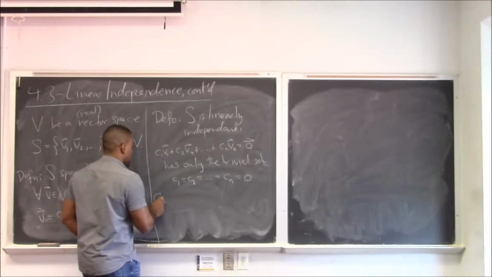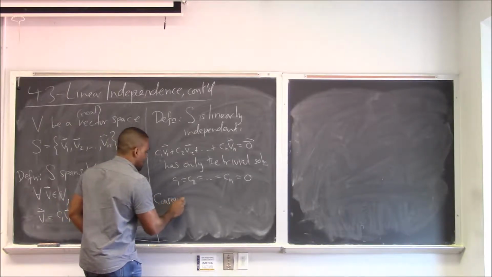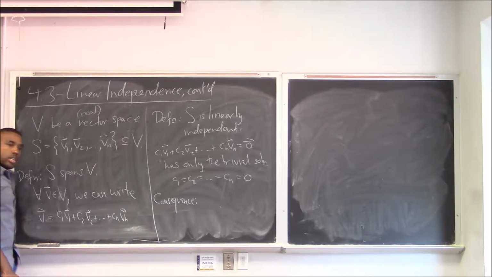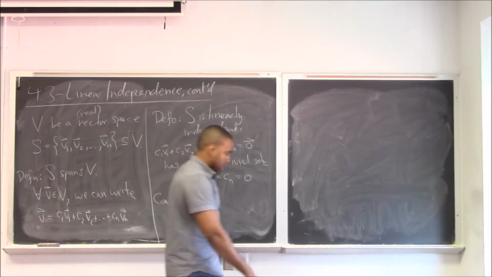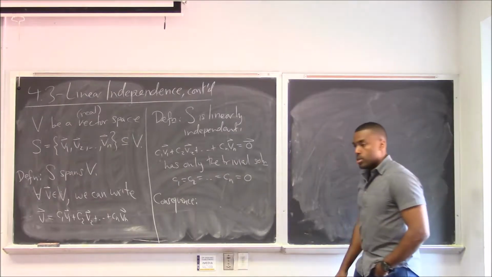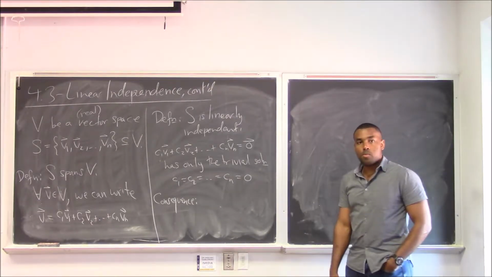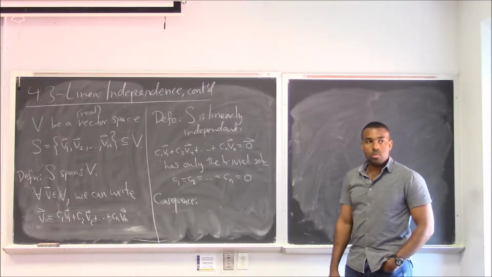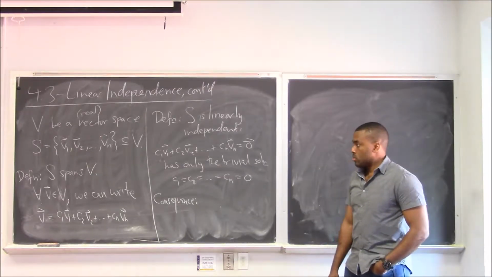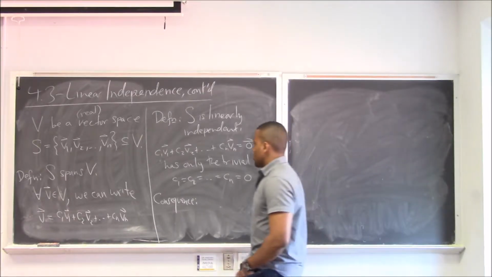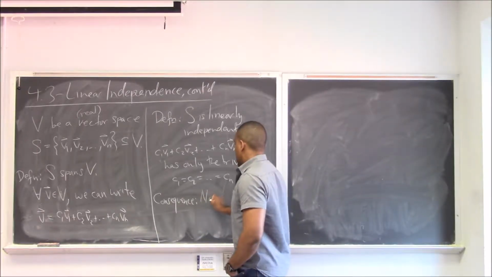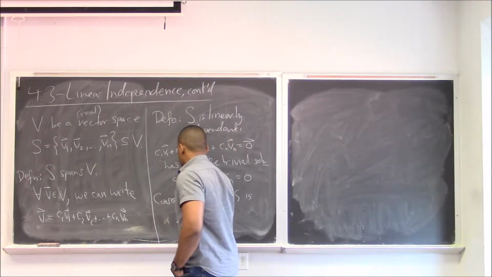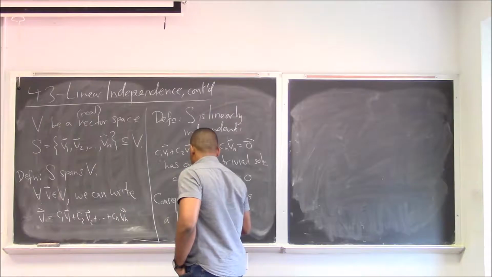What's the main consequence here? If such an equation has only the trivial solution, what do I know? No vector in that set can be expressed as a linear combination of the others. No vi in S is a linear combination of the others.